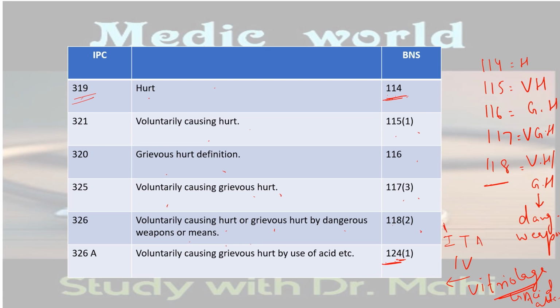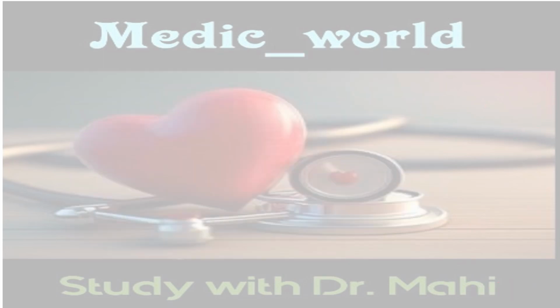So I for 1, V for 4, vitriolage. So 1 to 4 is acid attack. Done. Now one more point: for grievous hurt, in the previous law there was 20 days, but now 15 days of impairment is defined as grievous hurt in the new sections.